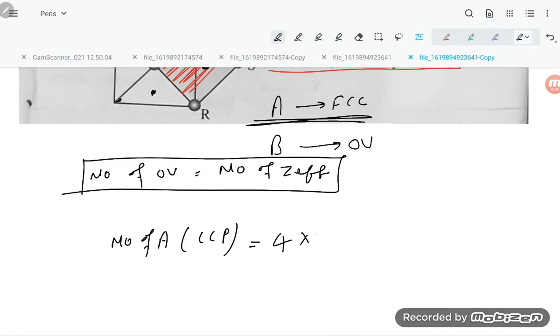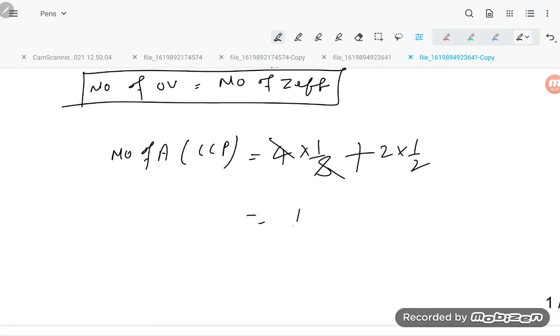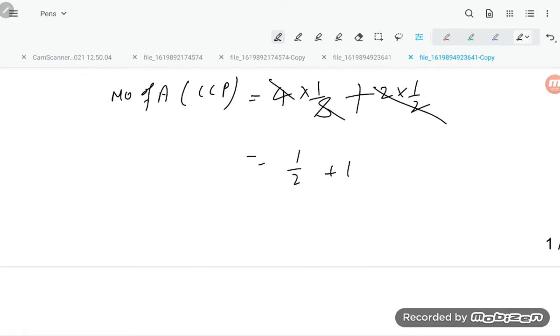So 4 into 1 by 8, plus how many face particles are left? 2 into 1 by 2. So you solve: 4 by 8 is 1 by 2, plus 1. If you solve it, how much will it come? 1 by 2 plus 1 is 3 by 2.